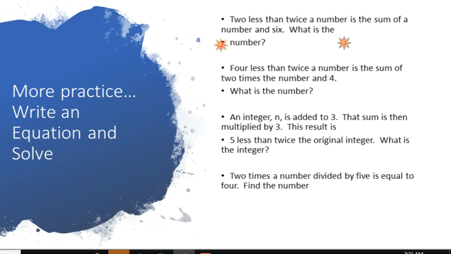Okay, so we're going to write the verbal expression or equation or inequality, and then we're going to figure out what the number is if it is an equation or inequality. So 2 less than twice a number is the sum of a number and 6. So I'm going to go ahead and snip this and put it on another slide so that we have a little bit more space. Okay, so we have to be careful here.